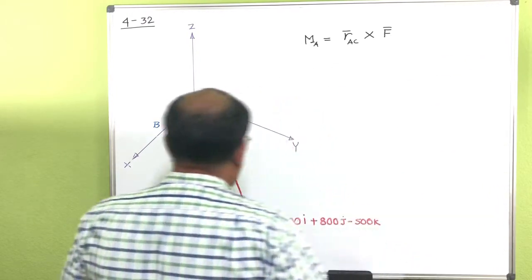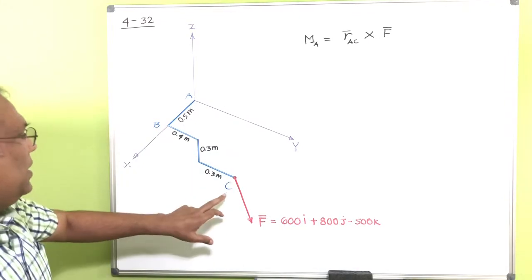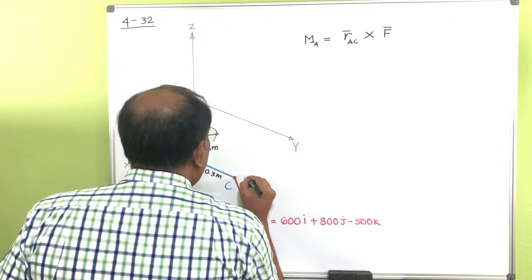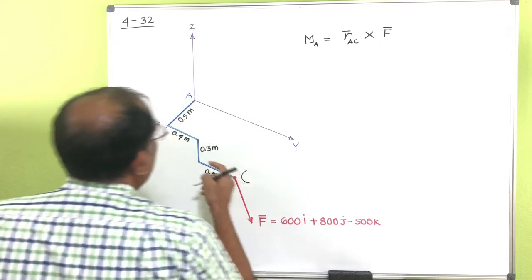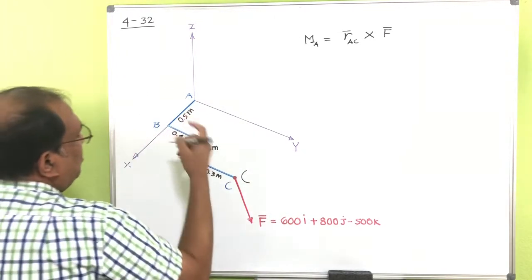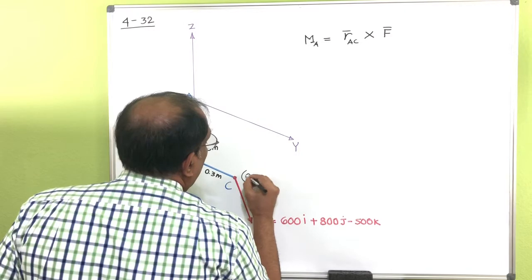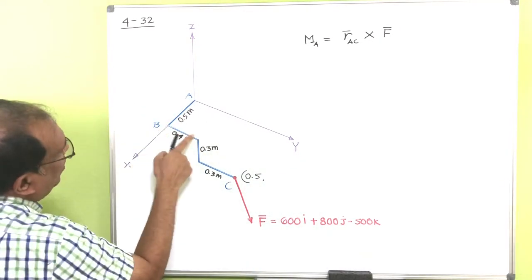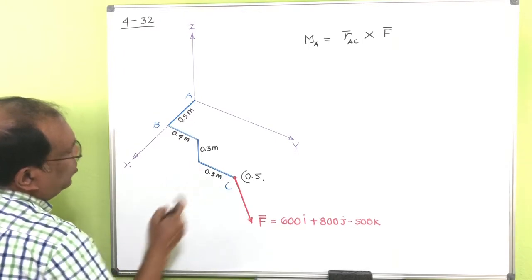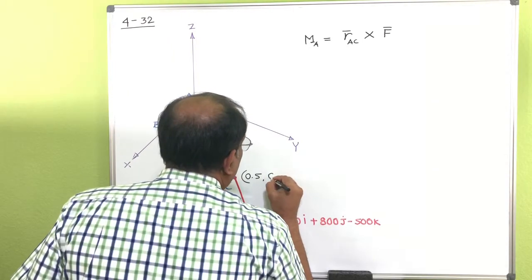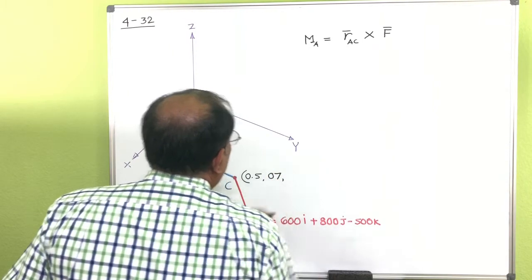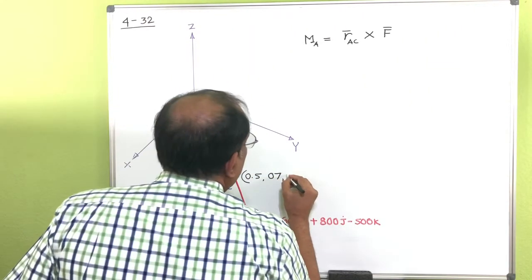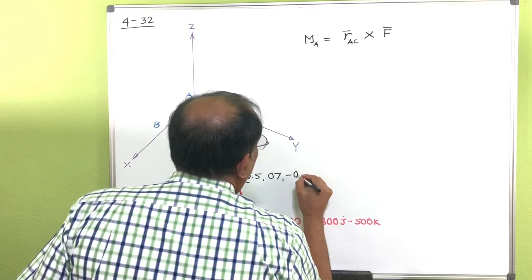You can see the only known point on the line of action of that force is point C, which is in the x direction 0.5, then in the y direction 0.4 and 0.3, that's actually 0.7, and the z direction is going down 0.3.